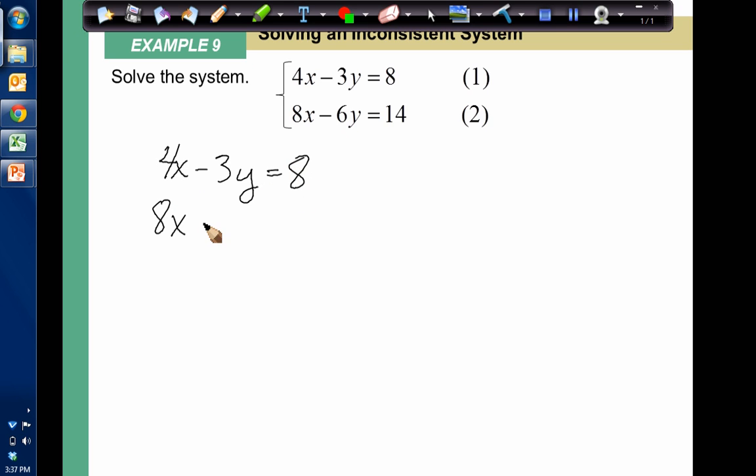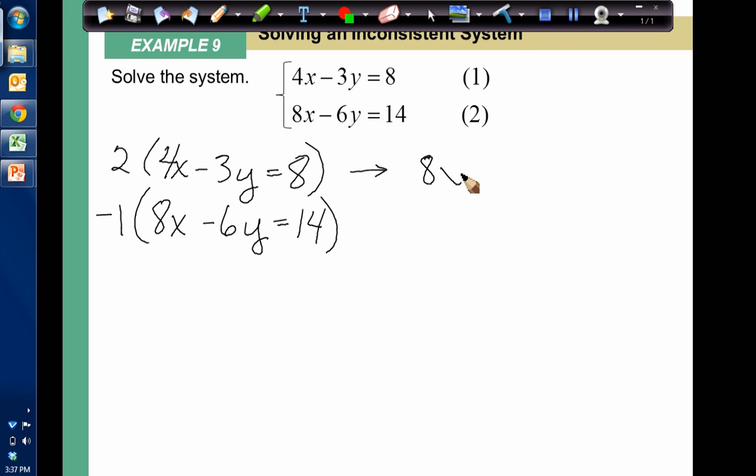What do we need to multiply by to cancel out the y's in this case? We have negative 3y, negative 6y. So if we multiply this first equation by 2 and the second equation by negative 1, we will end up with equations that will have things we can cancel out.